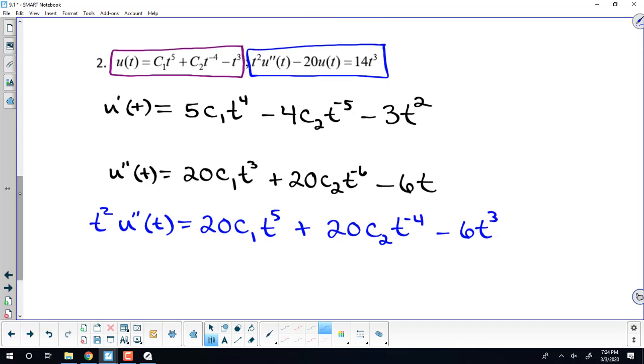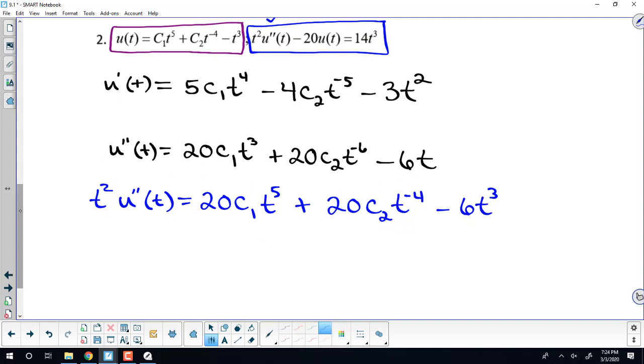Okay, so we have this part. Now we need to multiply u of t by negative 20 and add these two results to see if they actually are 14t cubed.